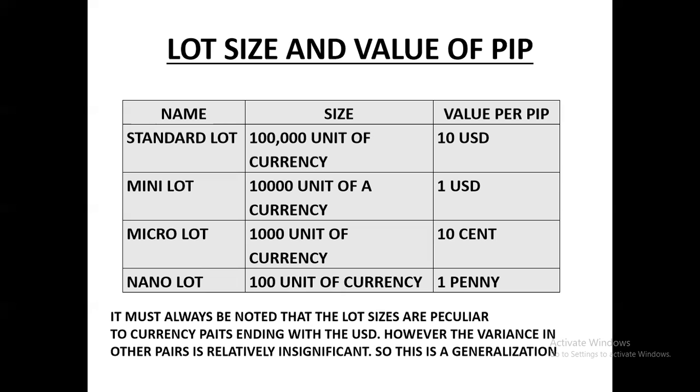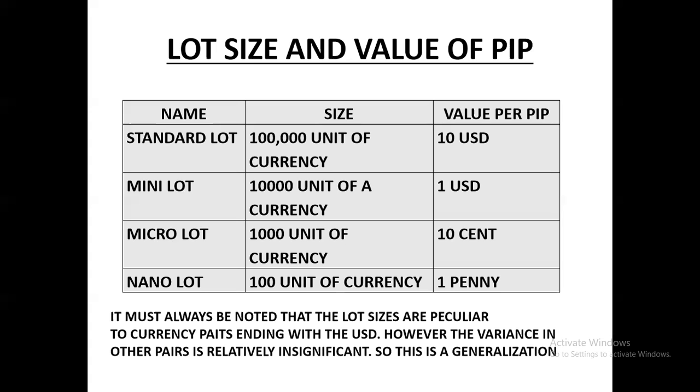Now, what is the size of a standard lot? If I am trading on a standard lot, how many units of currency am I controlling, or eligible to hold? I'll be holding 100,000 units of currency for a standard lot.